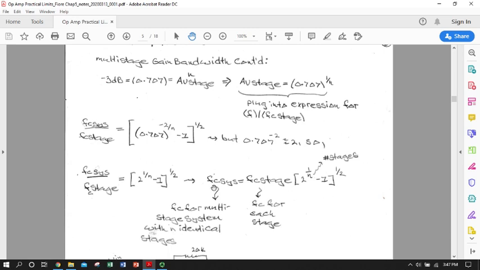The upper break frequency for a system that includes n stages, each of which has the same upper break frequency, so if n is 2, you've got 2 of them with the same upper break per stage, is just the upper break frequency for the stage times the quantity 2 raised to the 1 over n, where n is the number of stages, minus 1, everything in that square bracket raised to the 1/2.